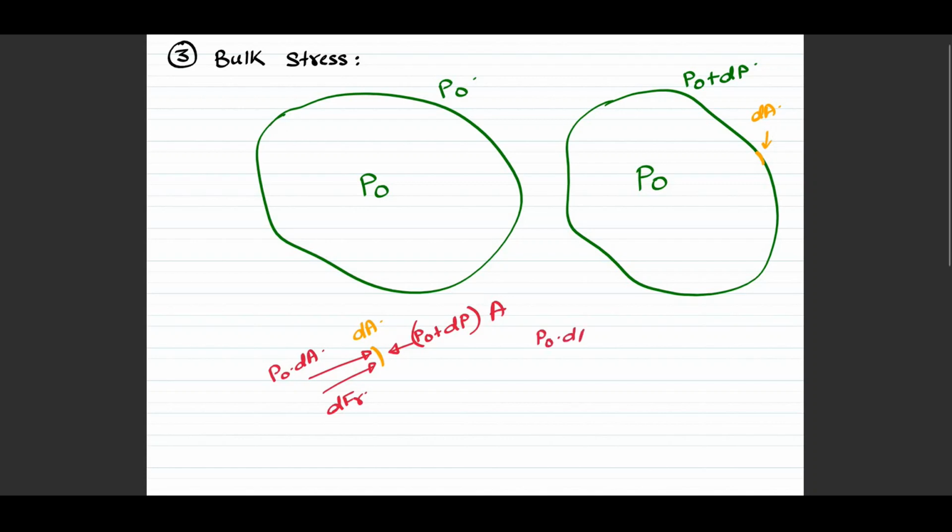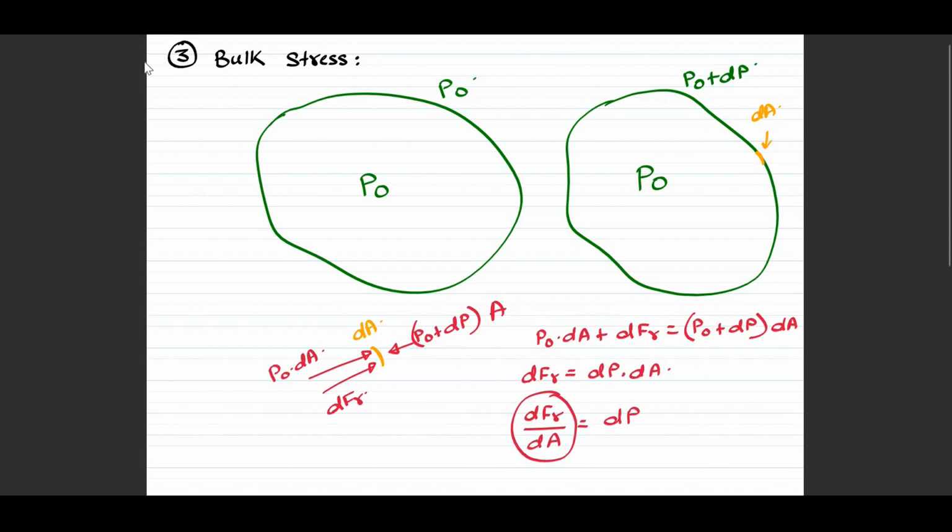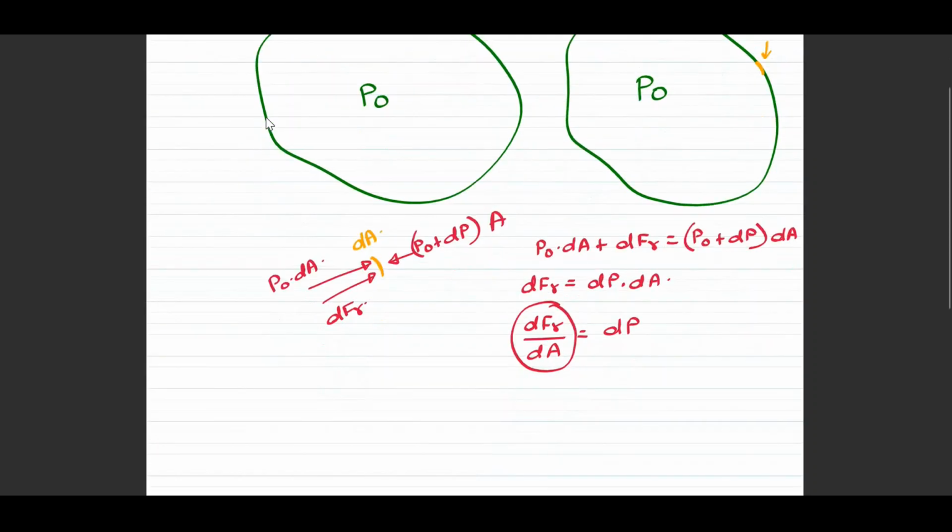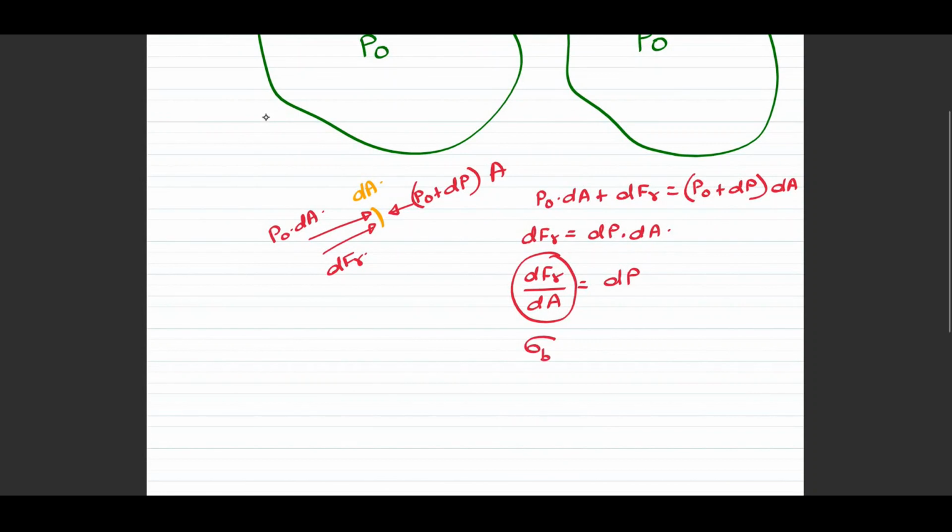So P0 dA plus dFr is equal to (P0 plus dP) into dA. dFr is dP into dA. dFr by dA is dP. Can I say this term is nothing but stress? And since this stress is felt throughout the volume, this is known as bulk stress. I can write that as dP, which is nothing but change in pressure, right?